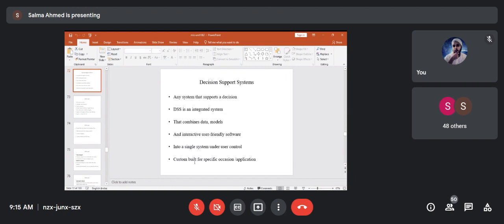After this destruction took place, they built a DSS, a decision support system, to make them aware of any leakage which takes place, so that they could take corrective steps. By corrective steps, they would identify where the point of leakage is, so that they could do something about it.